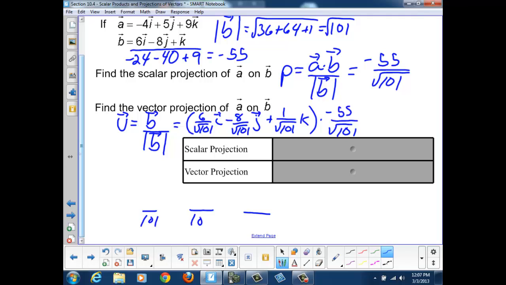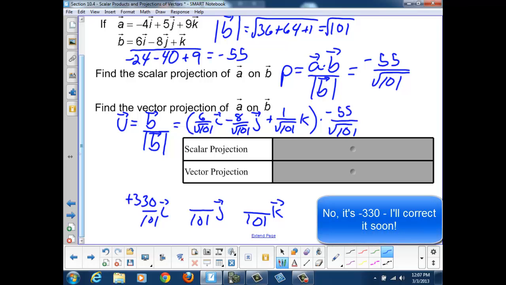So all over 101, we have i's and j's and k's. And I multiply negative 55 times 6, which comes out to be negative 330. Oh, that's actually a positive 330.